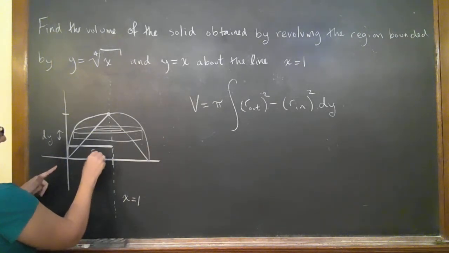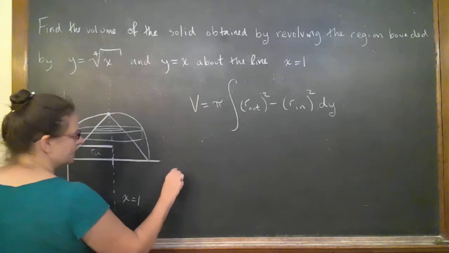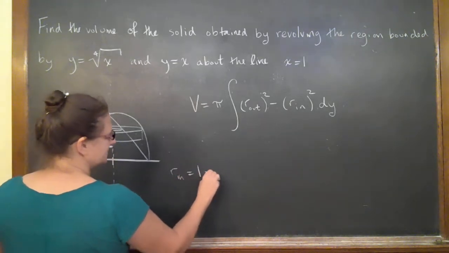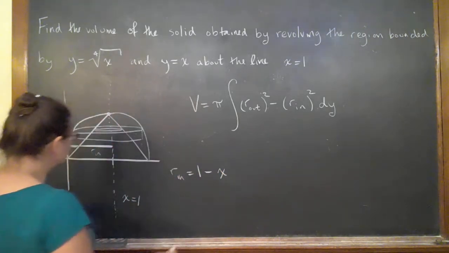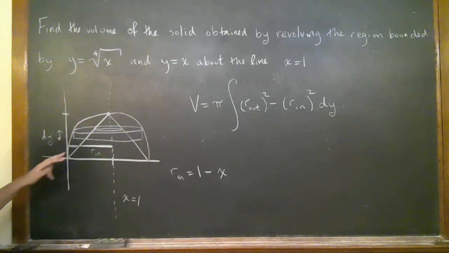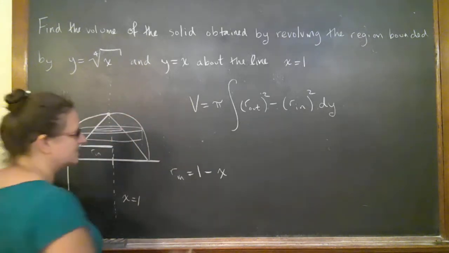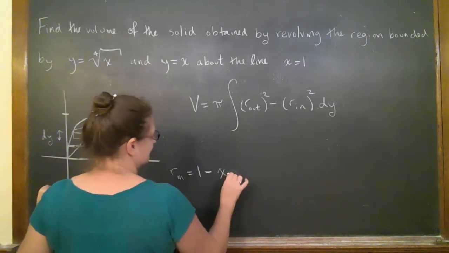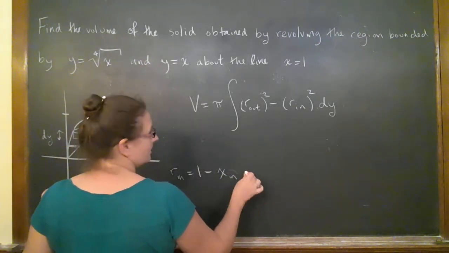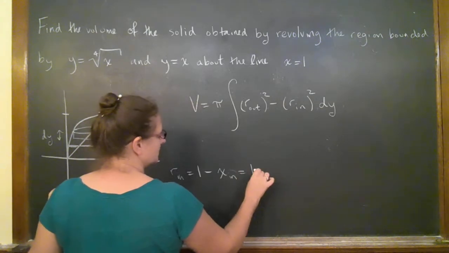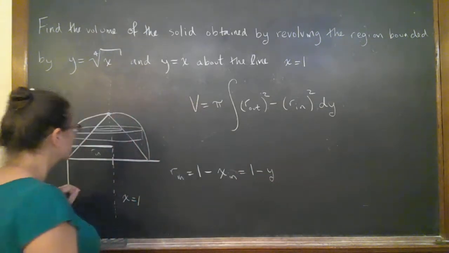So I can think about that inner radius as being 1 minus x. And then really I want it in terms of y. This line is the line y equals x. So I'm going to put x inner, and then that's just going to be 1 minus y.